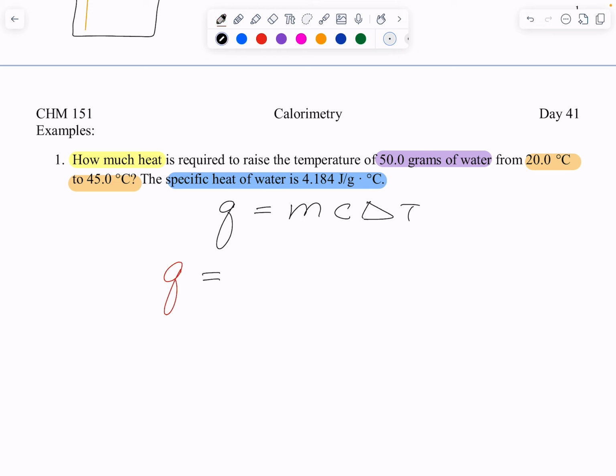M, mass. The mass of water is 50.0 grams. The specific heat of water is 4.184 joules per gram degrees Celsius. And delta T would be 45.0 degrees Celsius minus 20.